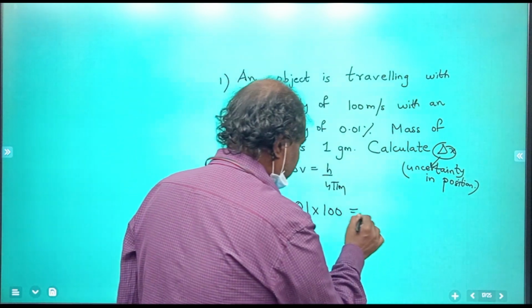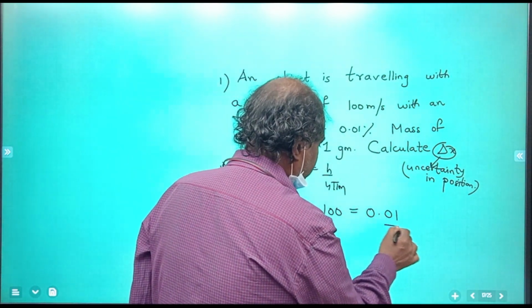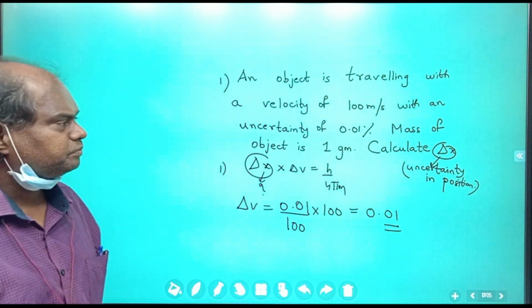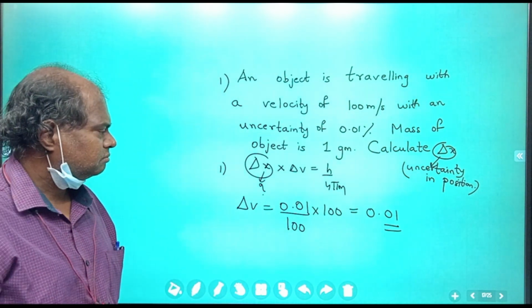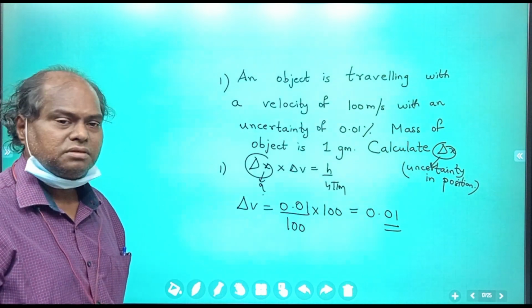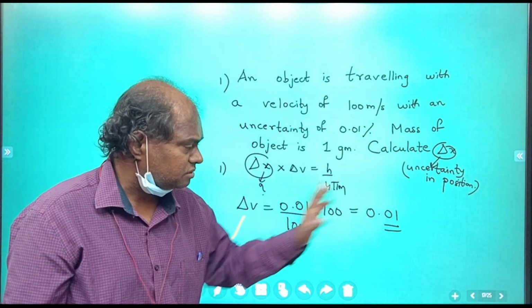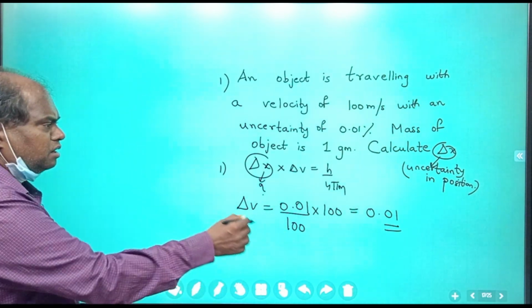So that means what is the uncertainty in velocity? 0.01. So you are not certain by 0.01. Are you getting this? 0.01% of 100.